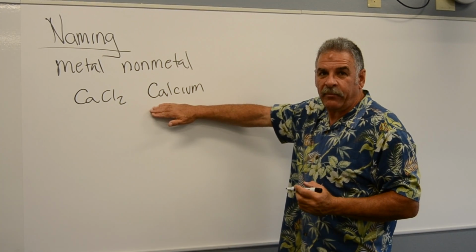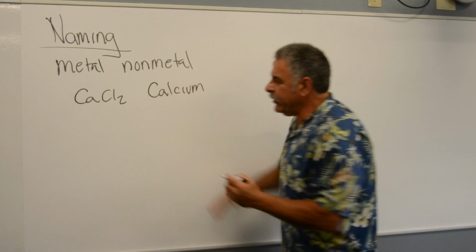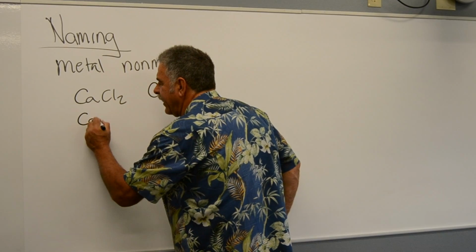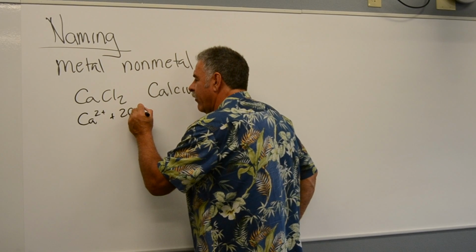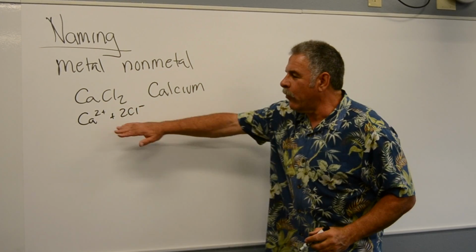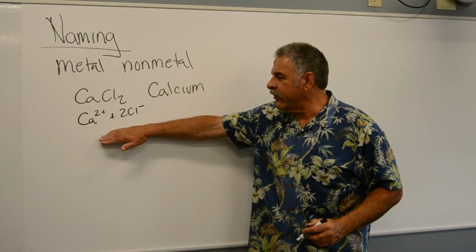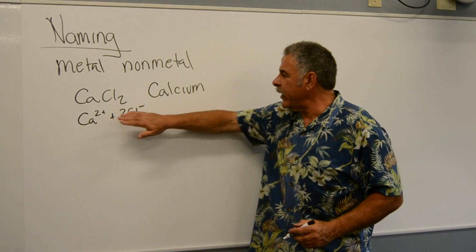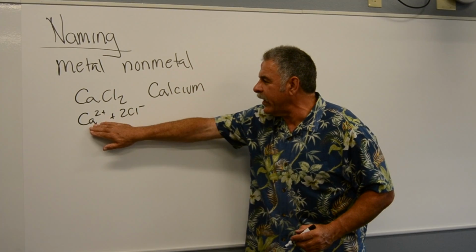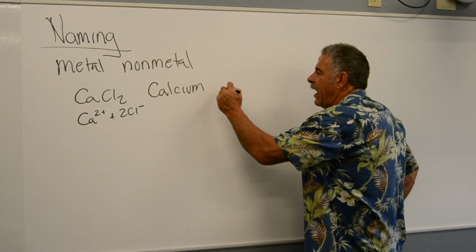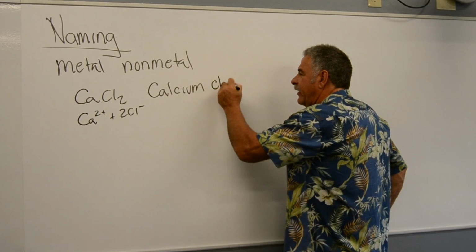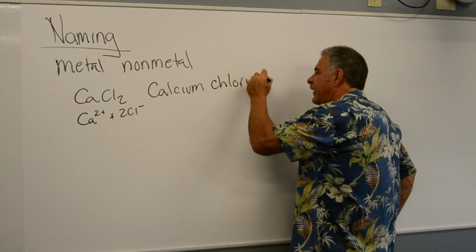Because calcium has a +2 charge, if we look at the ions, this is Ca2+ and 2Cl-, right? So in order to have a non-charged stable species, we put 2 chlorines with 1 calcium. But we know the charge on calcium, so to charge balance, we just call this calcium chloride.